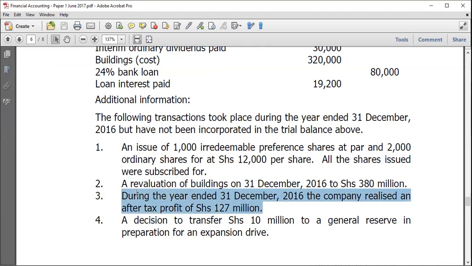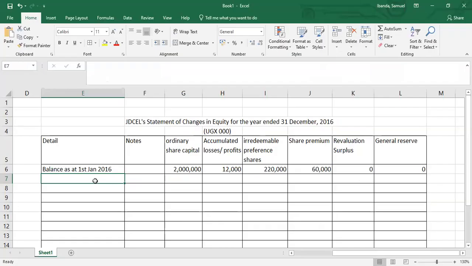They're telling me that during the year ended, the company realized an after-tax profit of 127 million. So I'll go to my question and say profit for the year, and profit for the year is recorded under accumulated loss or profits. So I'll say 127,000 because it is 127 million, and I'll put it as a positive.